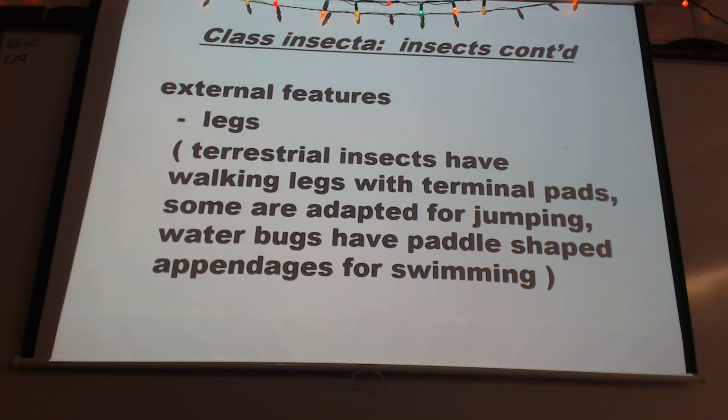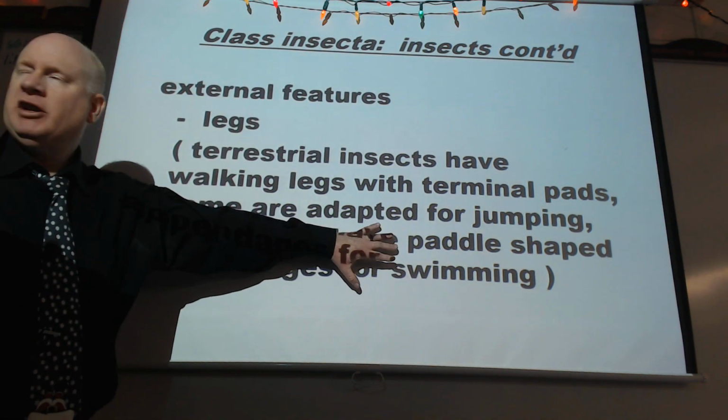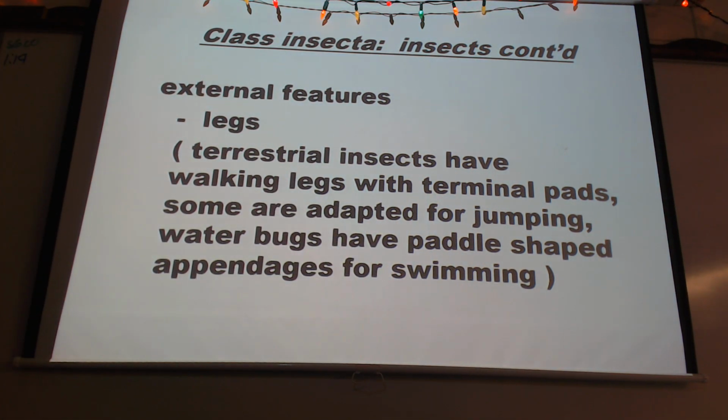Now, not all of these appendages are going to be for swimming. Some of them can actually stay on top of the water because water has a very high surface tension.